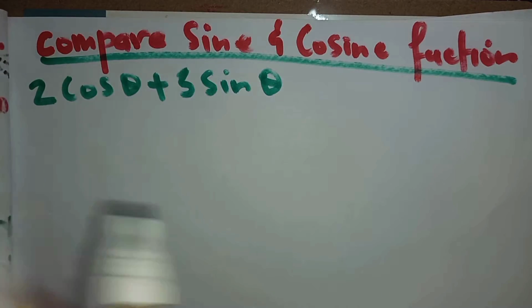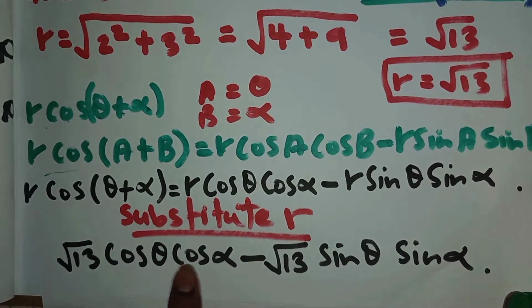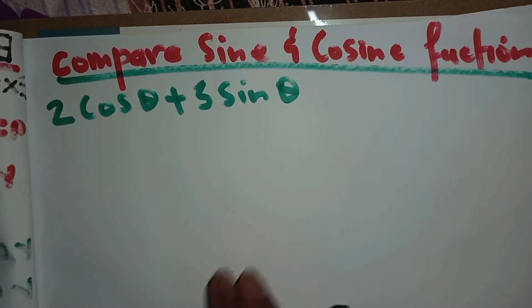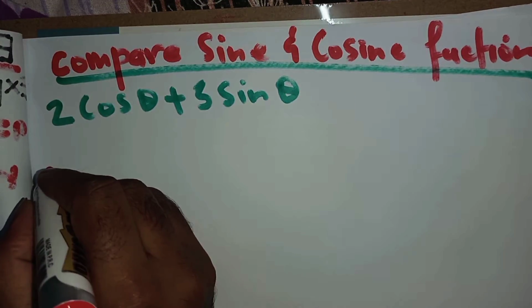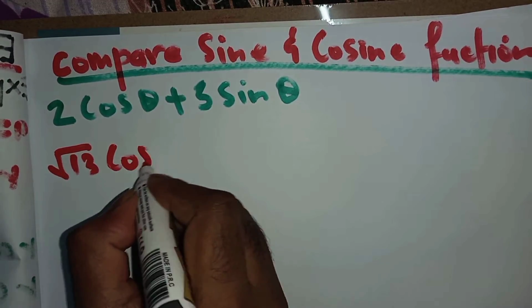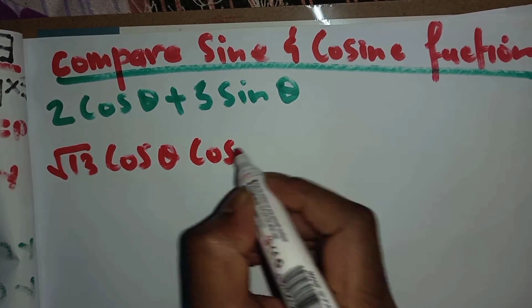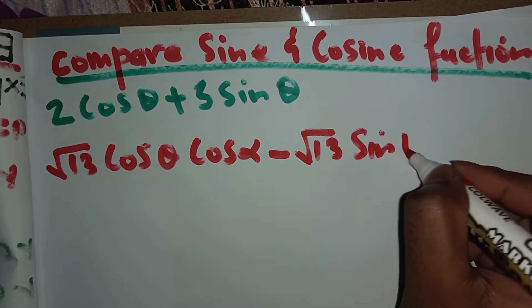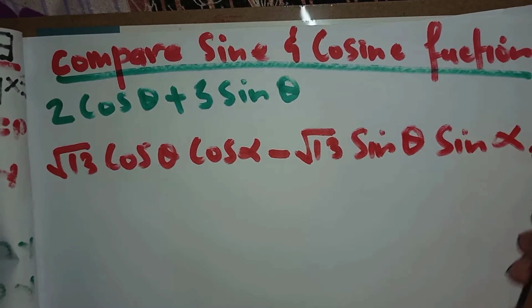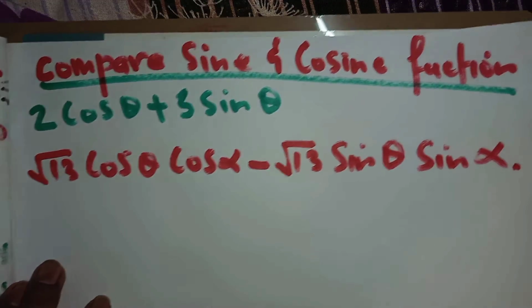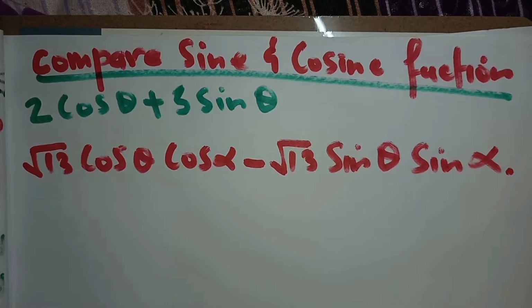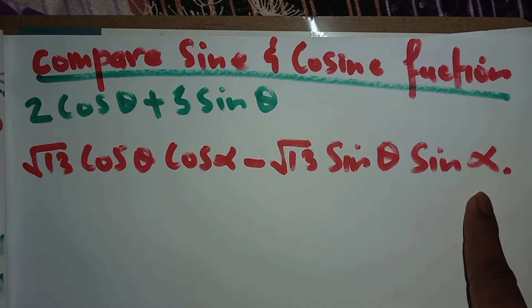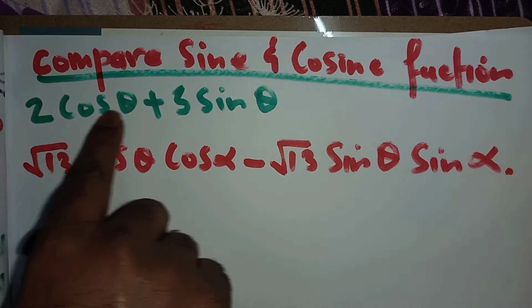And whatever you have from here is root 13 cos theta cos alpha minus root 13 sin theta sin alpha, right? Now when we say compare sine and cosine function, what we actually mean is we have to look for cos theta here and look for cos theta in this, right? So from here we have 2 cos theta.